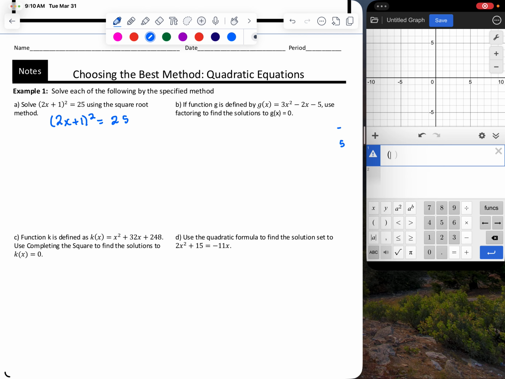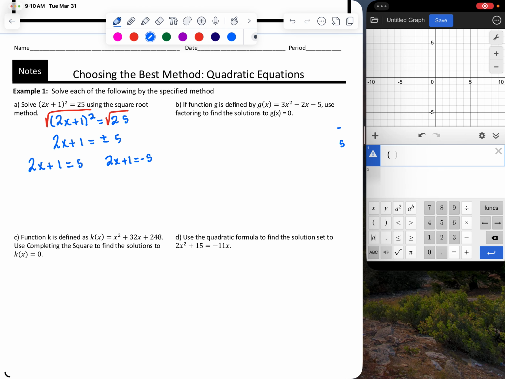To solve this by the square root method, all I have to do is take the square root of both sides. And that gives me 2x + 1 = ±5. Now I'm going to break this apart into two equations: 2x + 1 = 5, and 2x + 1 = -5.